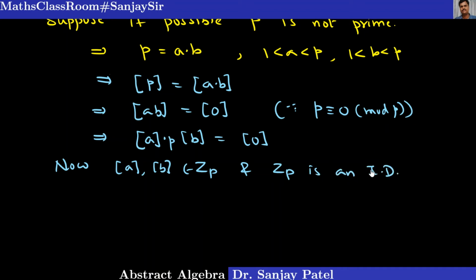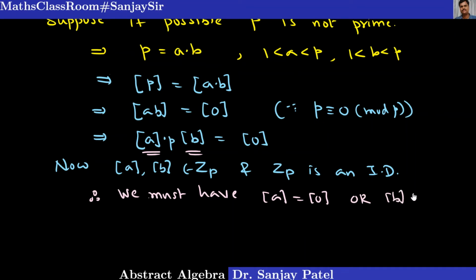Class a and class b belong to Z_p, and we are given that Z_p is an integral domain, so it has no zero divisors. So whenever we have x into y equal to 0, at least one of these elements must be 0. Therefore we must have either class a equal to 0 or class b equal to 0, because in an integral domain, if x into y is 0, then x is 0 or y is 0 must be true.